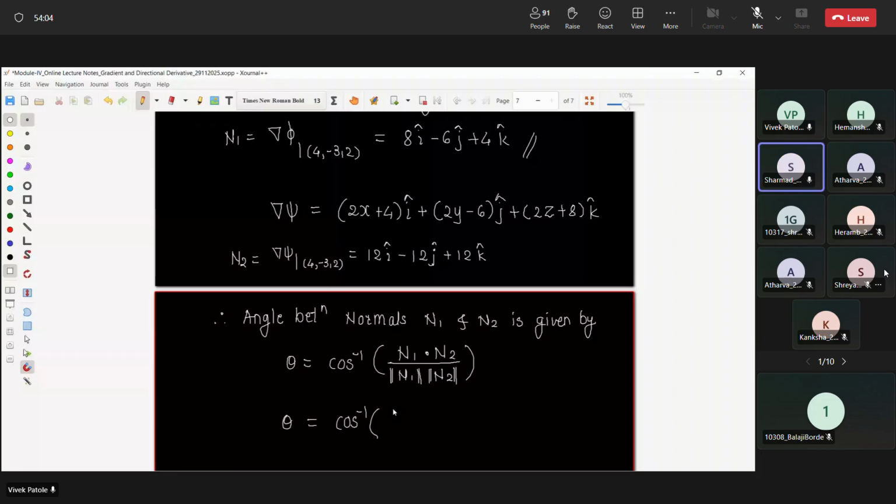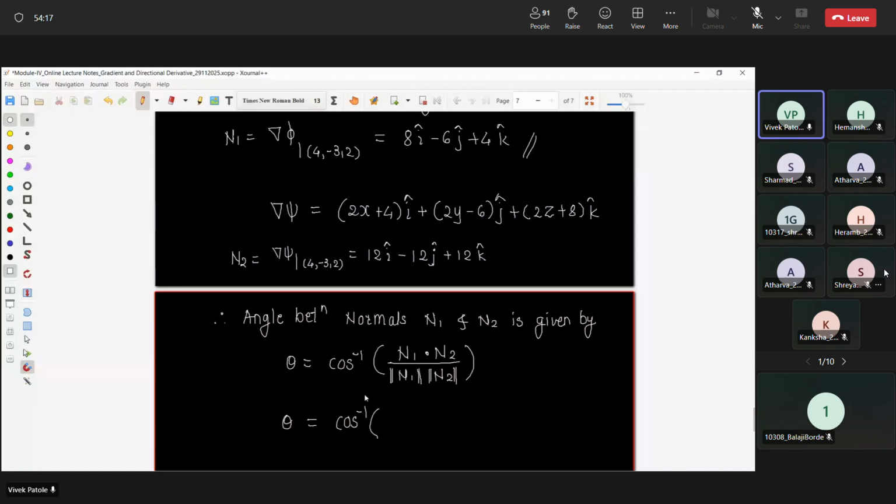It's still 15.42 degrees. Here, whatever value I'm having, it is 19 upon 29. Just let me know whether it is correct. Cos inverse of 19 upon 29.